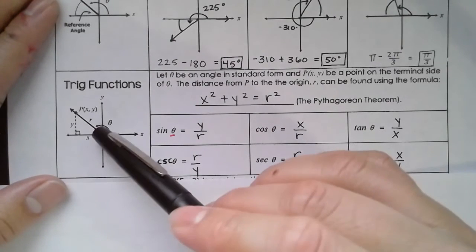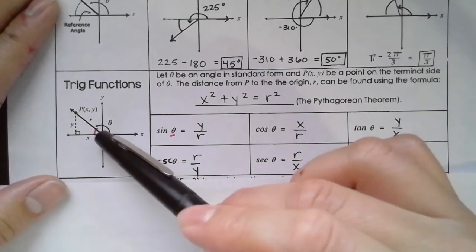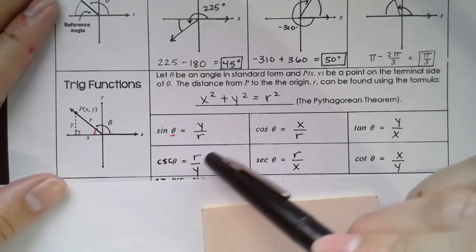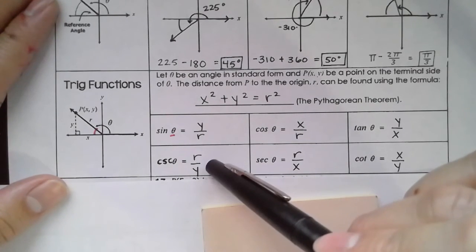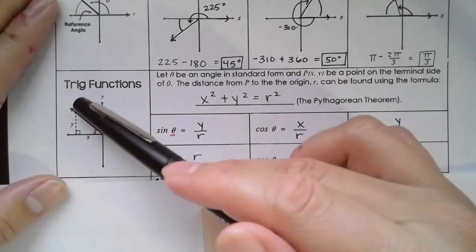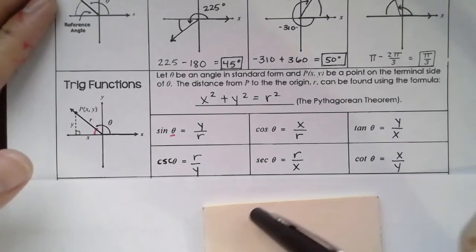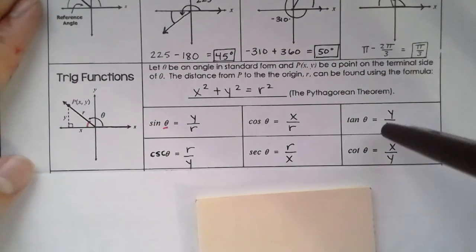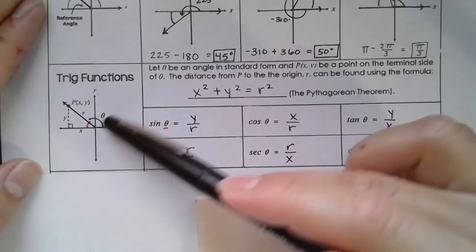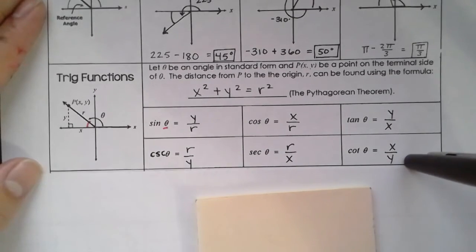So sine theta would be y opposite, so SOHCAHTOA, opposite over hypotenuse, so y over r. Cosecant theta, that's my reciprocal, so r over y. Cosine theta is adjacent x over hypotenuse r, so I have x over r, then secant theta would be the reciprocal. Tangent theta is y over x, opposite y over adjacent x. Cotangent would be the reciprocal, x over y.